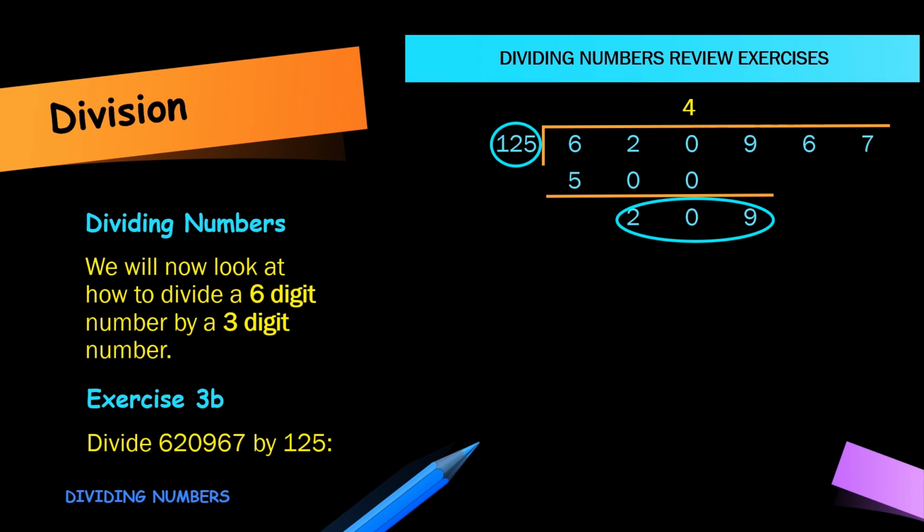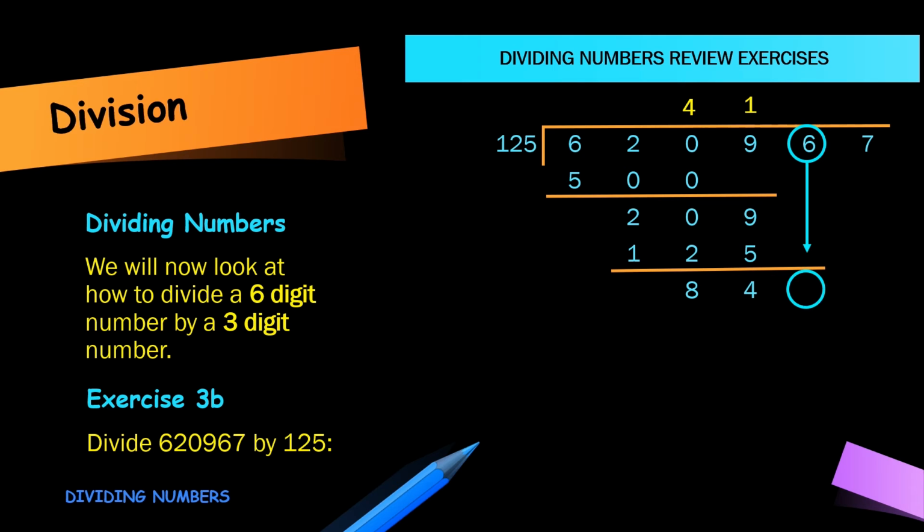Position it here. 1 times 125 is 125. Subtract to give 84. Bring the 6 down. 846 divided by 125 gives 6. There are 6 125s in 846.